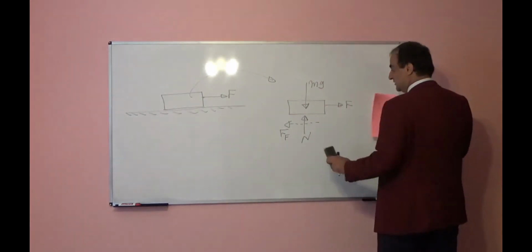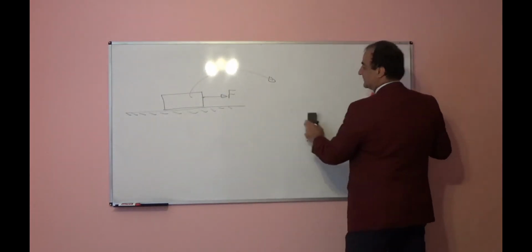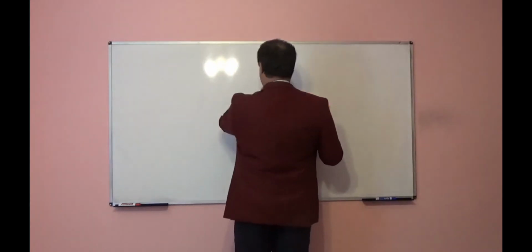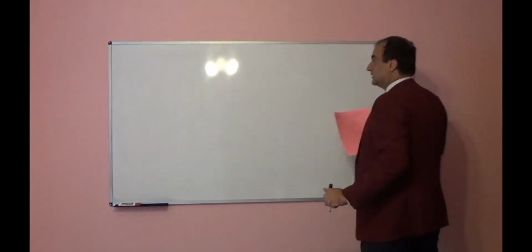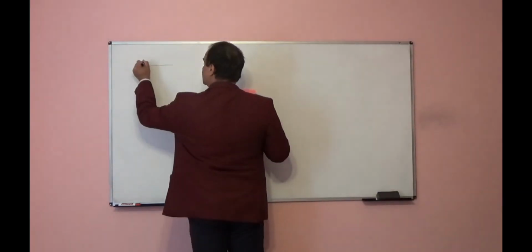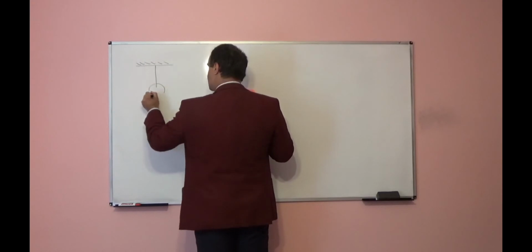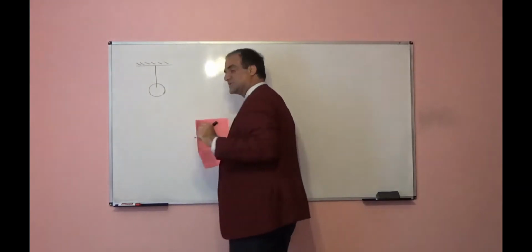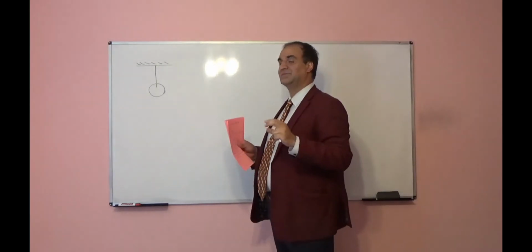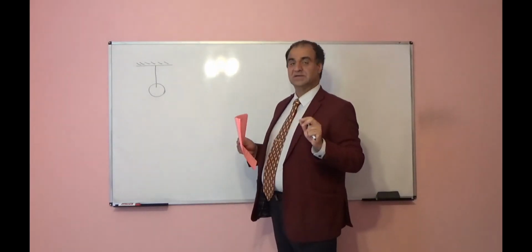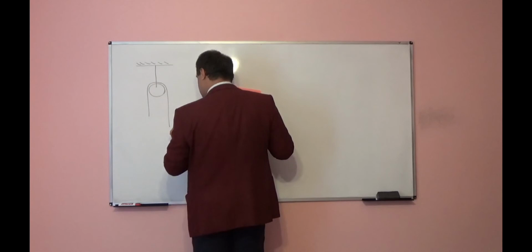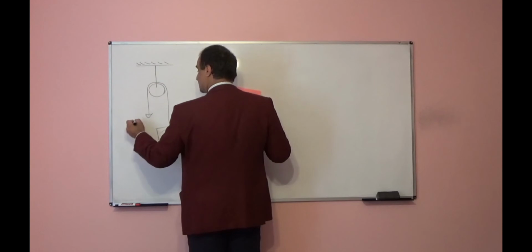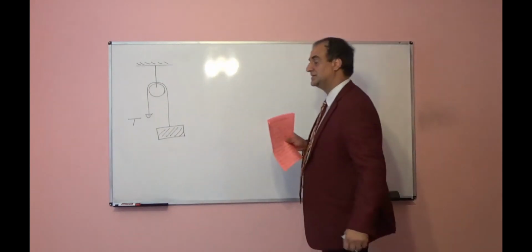Let's look at one simple example. Assume we have one pulley, and in this course we assume the pulleys have negligible weight. We will not consider the weight of the pulleys and cable. We have a cable and there is one box hanging here, and I apply tension force T here.